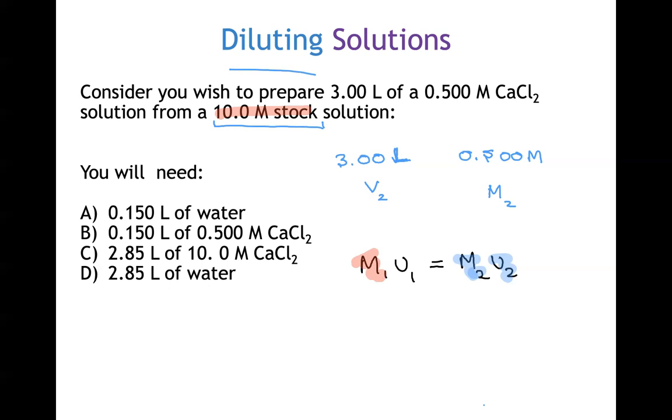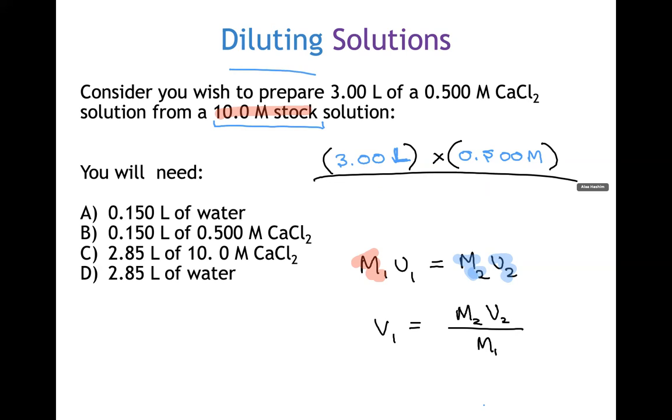So we could rearrange, right? V1 is equal to M2 times V2 divided by M1, right? So if you do the calculation, you really have the final volume times the final molarity divided by the initial molarity.